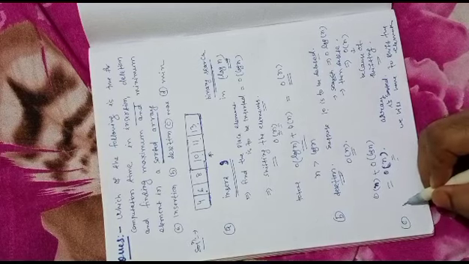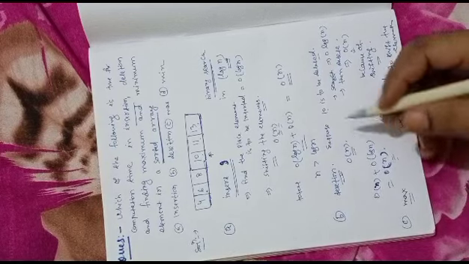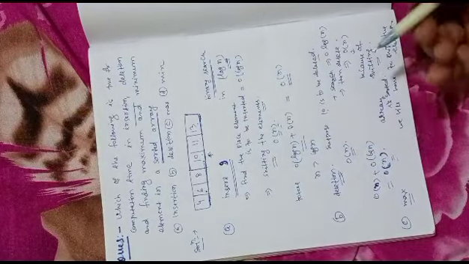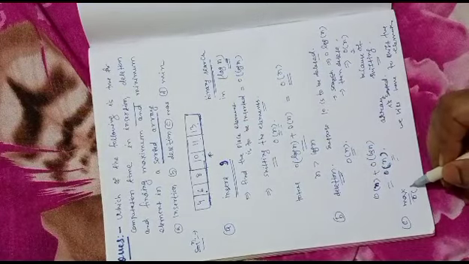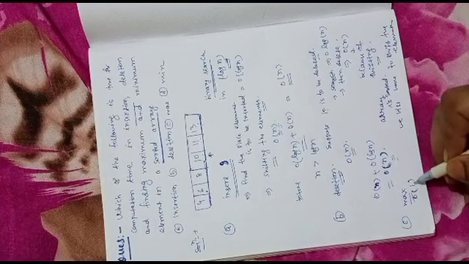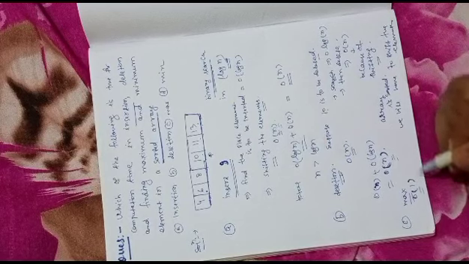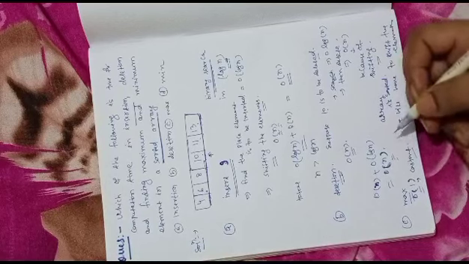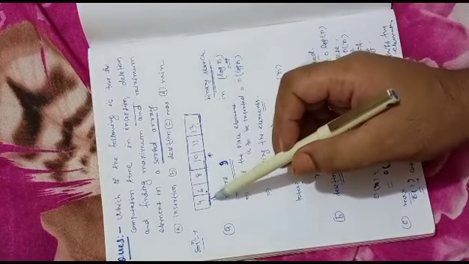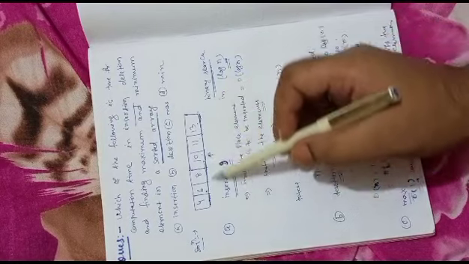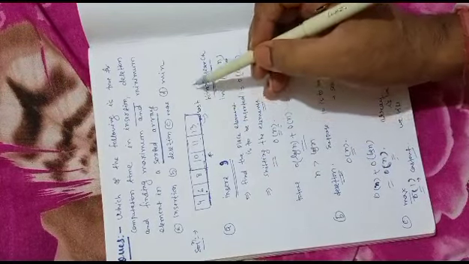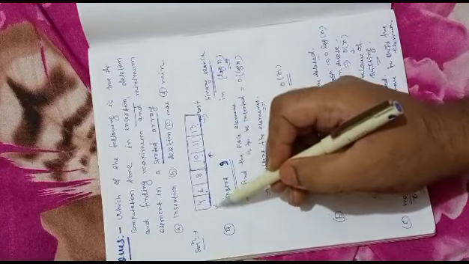Now we see the max element. This is a sorted array, so to find the maximum element we will take only O(1), that is constant time. If it is in ascending order, then the last element will be the maximum and the first element will be the minimum.